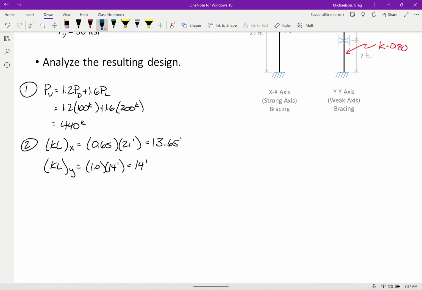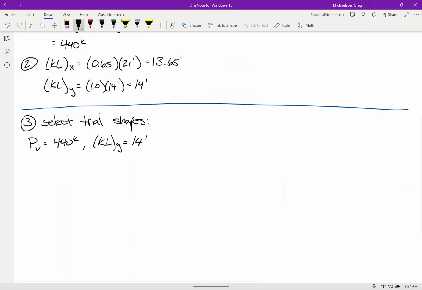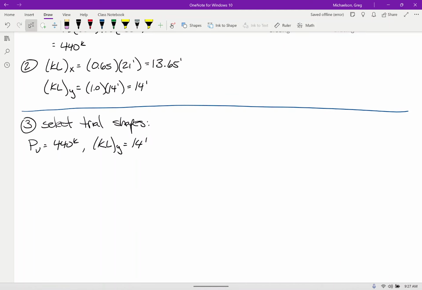So let's do this. Okay. Now, to be clear, the purpose of this example problem is to get you familiar with this table.